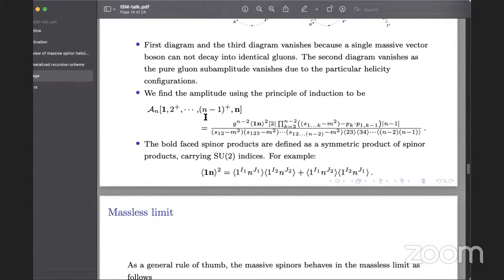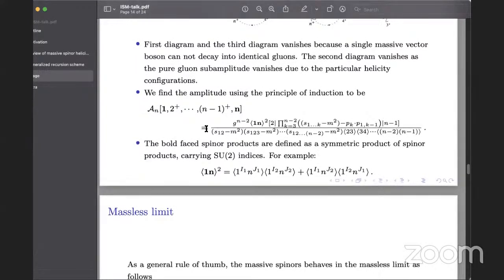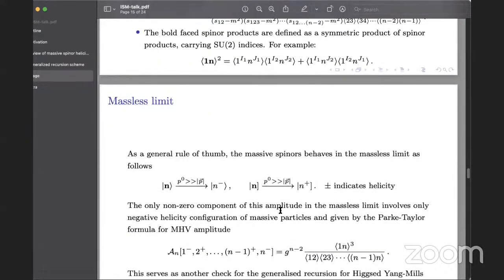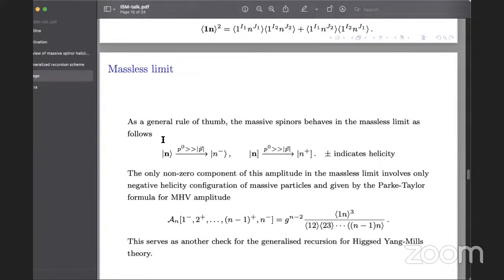So to see whether this amplitude produces the MHV amplitude in the massless limit, we consider the following. As a general rule of thumb, the massive spinor behaves in the massless limit as follows. The angle massive spinor in this massless limit goes to a massless particle with negative helicity, and the square variable corresponds to a plus helicity massless particle in the massless limit.